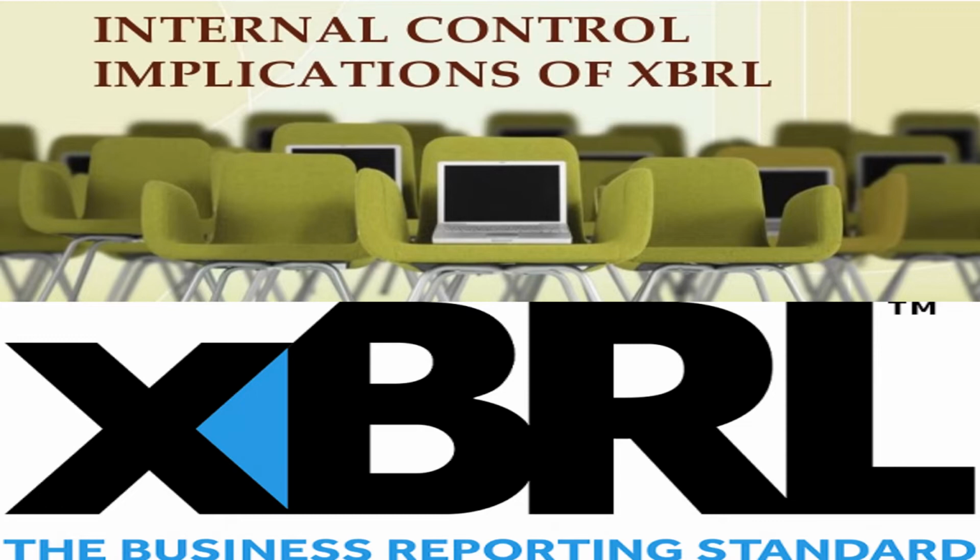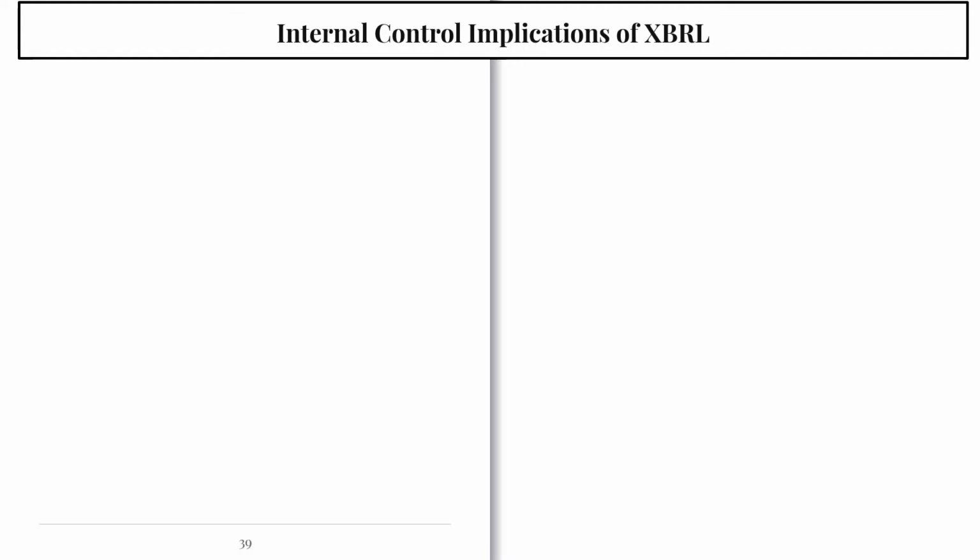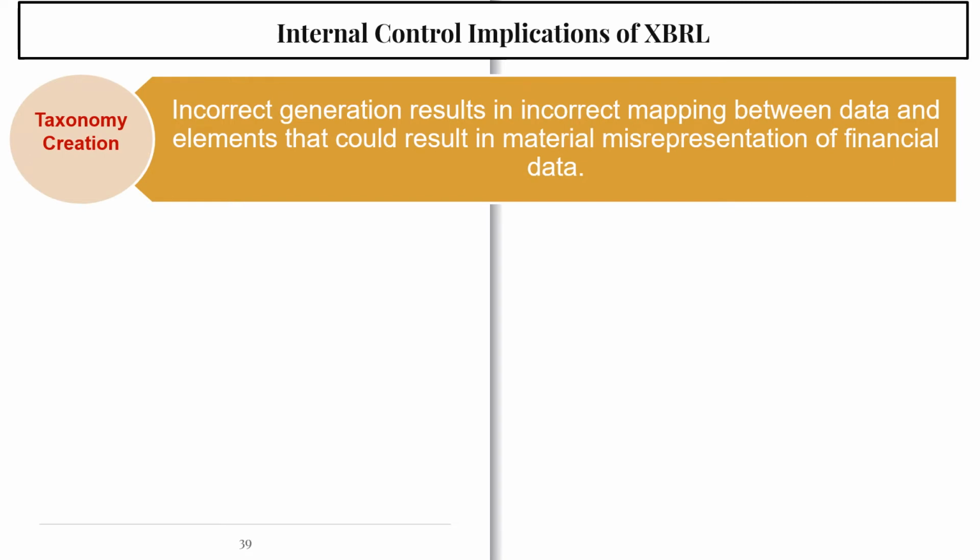So we also need to have a look into the controls or the IT applications that should take place when we implement an XBRL platform. We can map our discussion of internal control implications of XBRL based on the three main stages of the XBRL process. First is taxonomy creation.